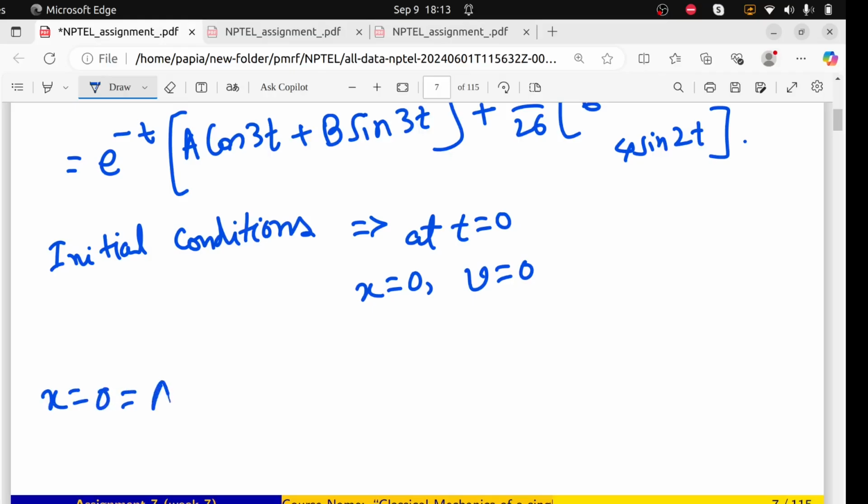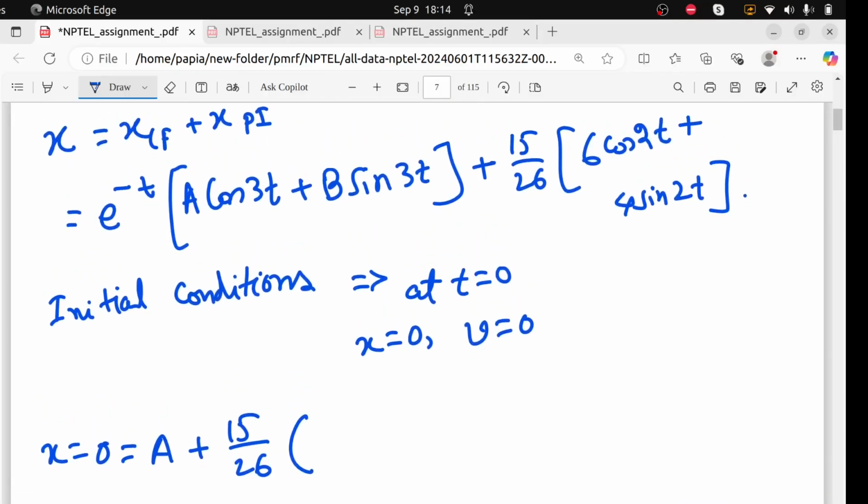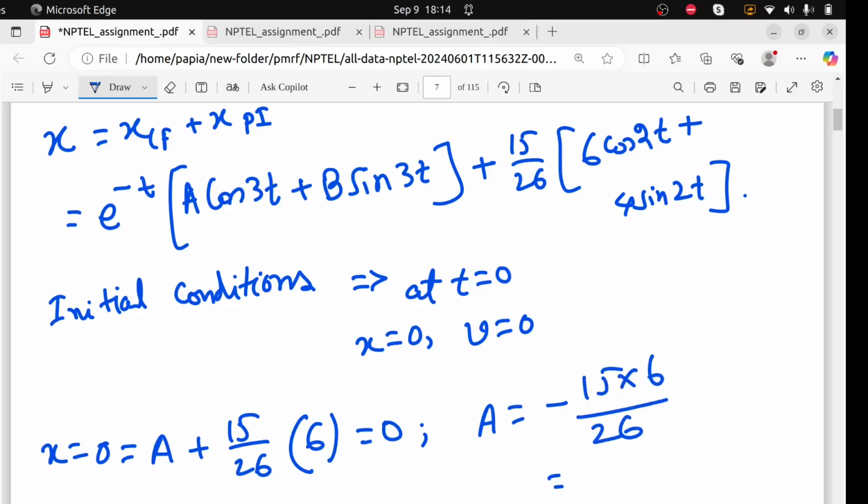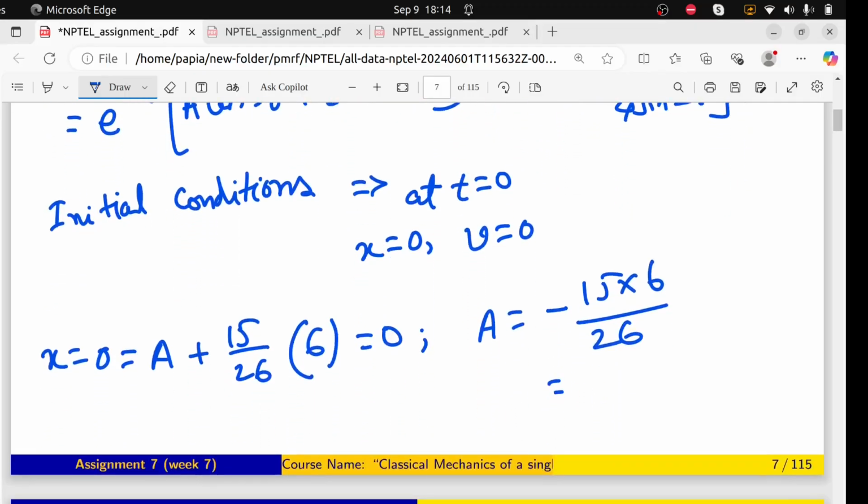So a plus 15 by 26 times 6, since the sine term is 0. So now if I calculate, a is minus 45 by 13.